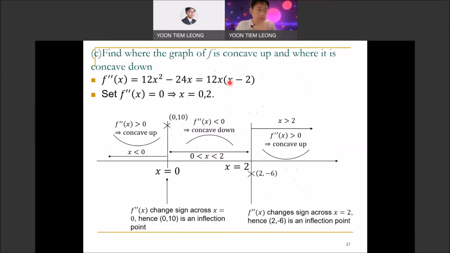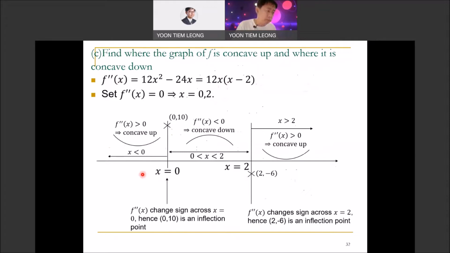So how do you locate that? It's quite easy. Then you look at these regions. When you set x equals 0 or x equals 2, f prime prime will become 0.